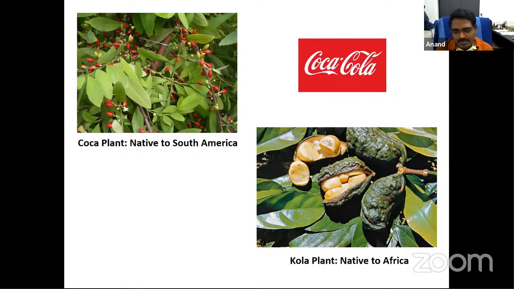The major reason behind not asking for a patent, but for a trade secret, was that the coca plant grows in South America, and it is also a source for cocaine. The name cocaine, in fact, originates from the name coca. Cola is a plant native to Africa, and its seeds are used for making caffeine.